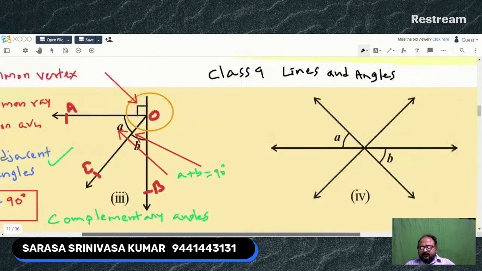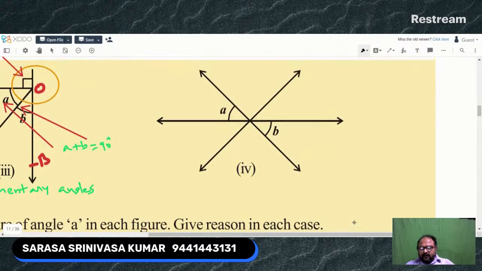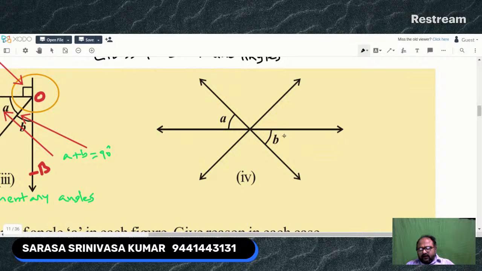Now let us observe this diagram. Here angle A and angle B are given. We can note down, this is in red color, this is angle A. And we are given angle B also.